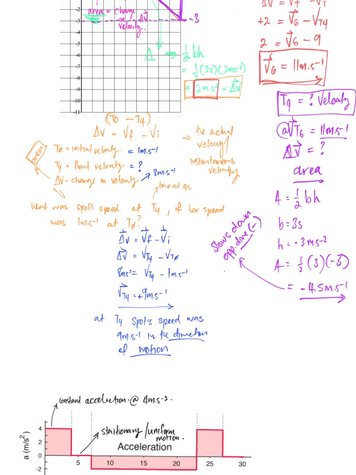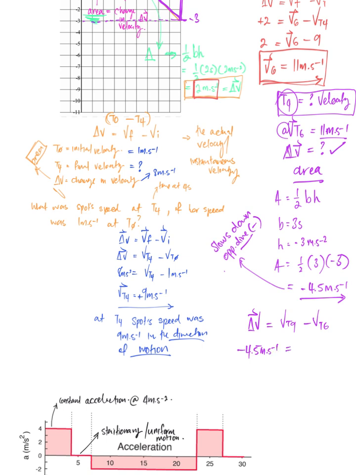All right, so I got that area. But that's not my answer. I want the velocity at T9. So I'm going to say the change in velocity is equal to the V at T9 minus the V at T6. My change in velocity is negative 4.5 meters per second.